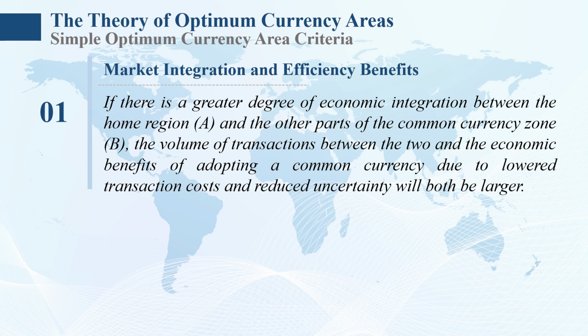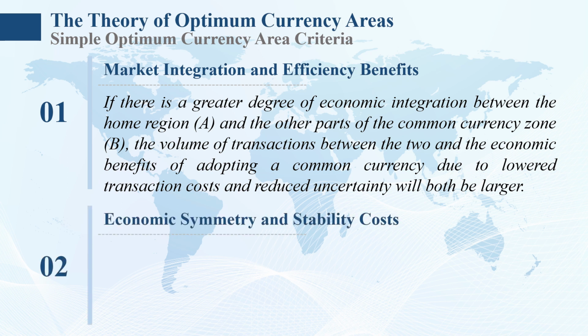If there is a greater degree of economic integration between the home region A and the other parts of the common currency zone B, the volume of transactions between the two and the economic benefits of adopting a common currency, due to lowered transaction costs and reduced uncertainty, will both be larger.